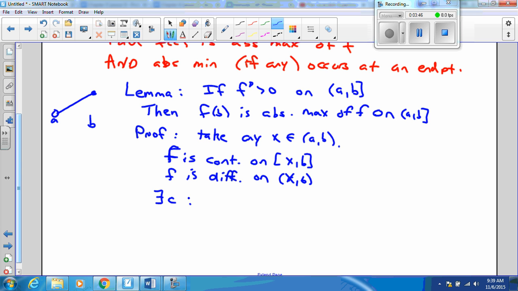Say that again, Bob. So what does f prime of c have to equal to? We don't have f of x equals f of b, so Rolle's theorem doesn't apply.